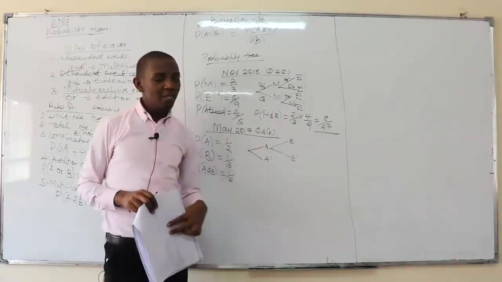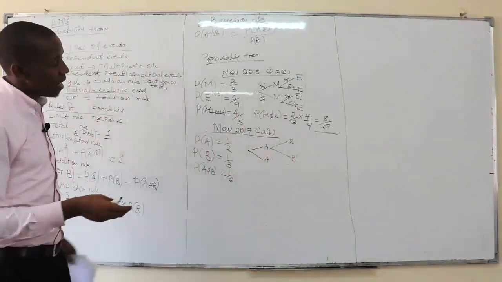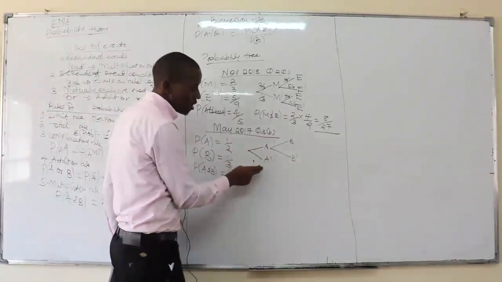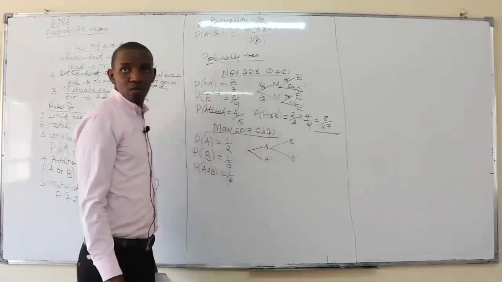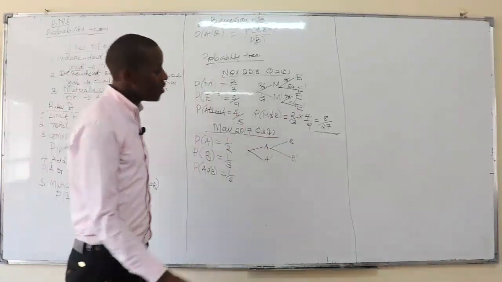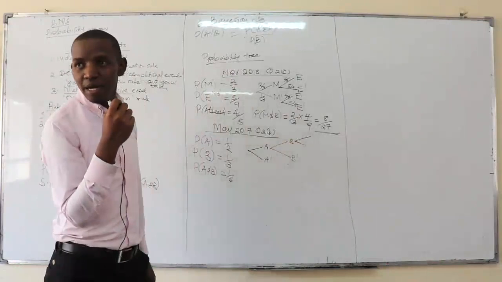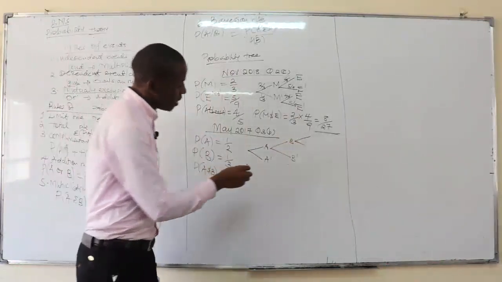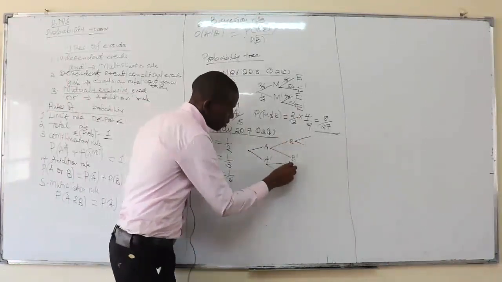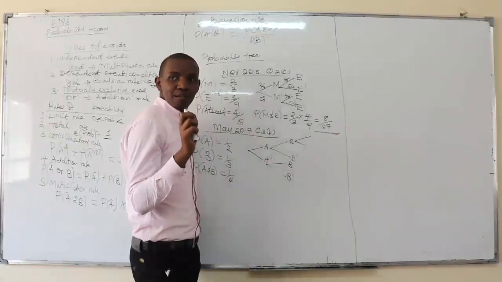So in this case, what we need to do, we have for A winning, B not winning. We have B winning, A not winning. And then we also have probability of them having a tie. That is A winning, and this one can also have it that way. These are independent events.